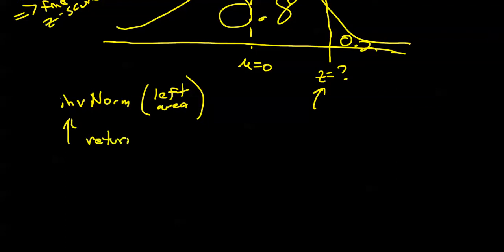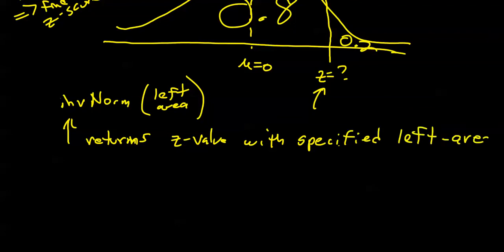This returns the z-value with a specified left area under the standard normal curve, or z-curve.